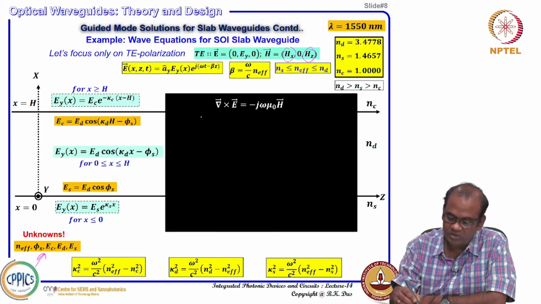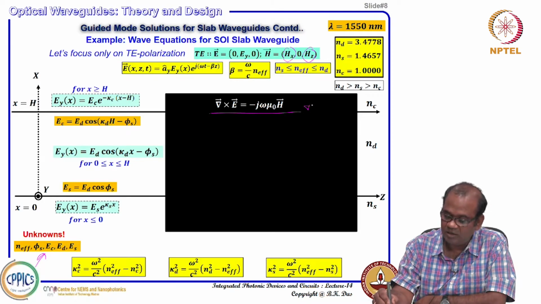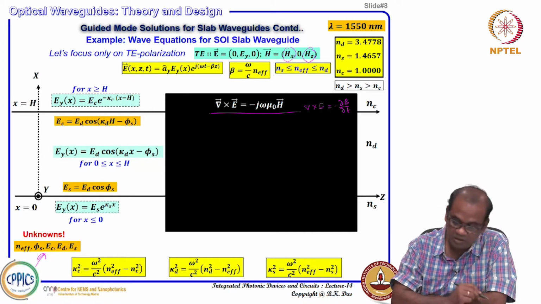So we start from this curl equation for the electric field in the frequency domain, Fourier domain, curl E equal to minus del B del t, that expression, del t equal to j omega, B equal to mu 0 H, that is what is written.